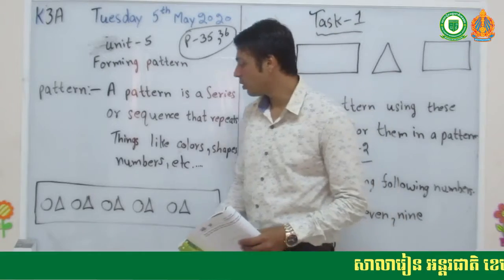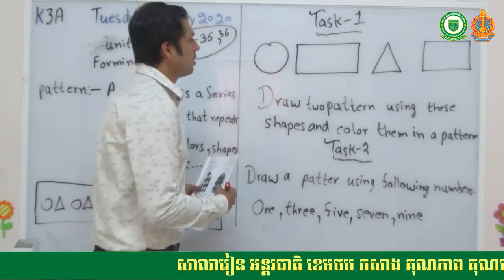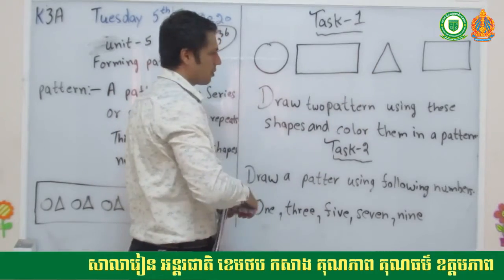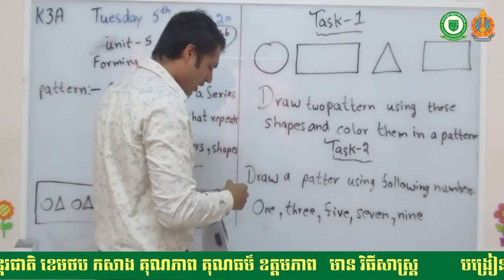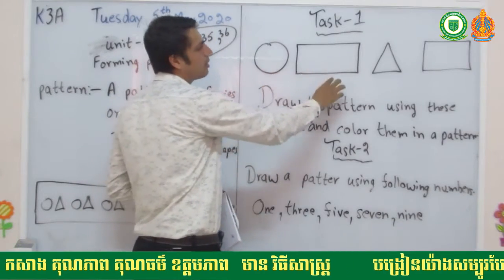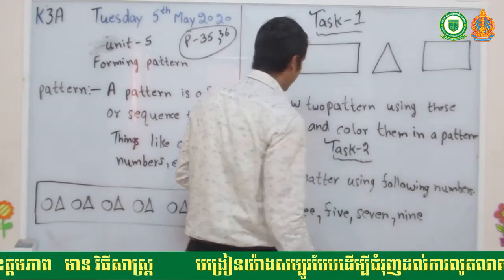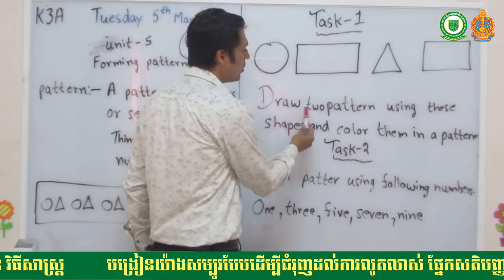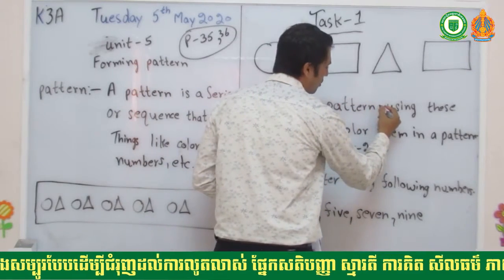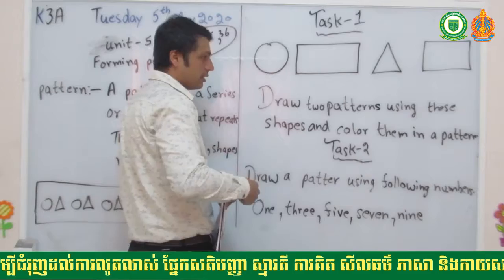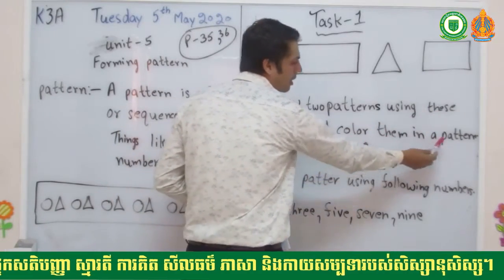Coming on to your task 1, here we have 4 shapes: circle, rectangle, triangle and square. I want you to draw 2 patterns using these shapes and color them in a pattern.